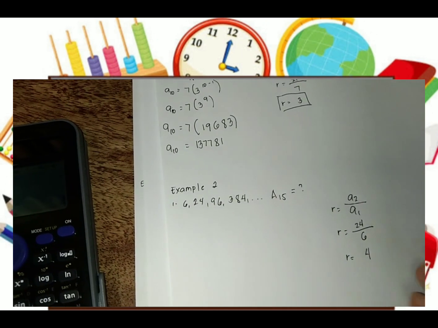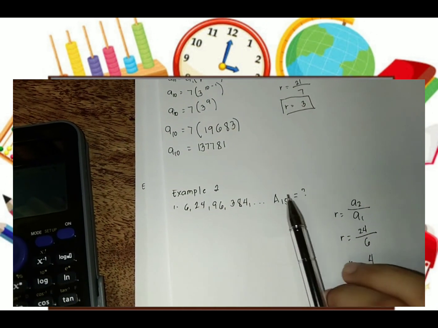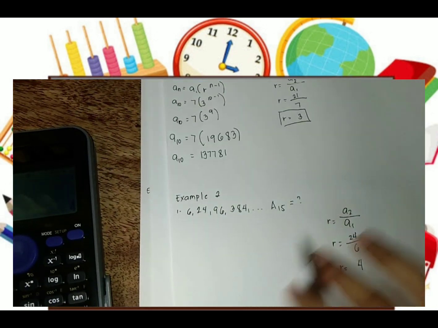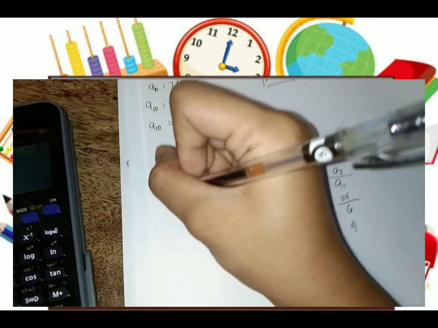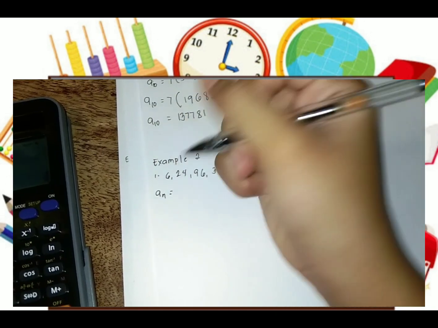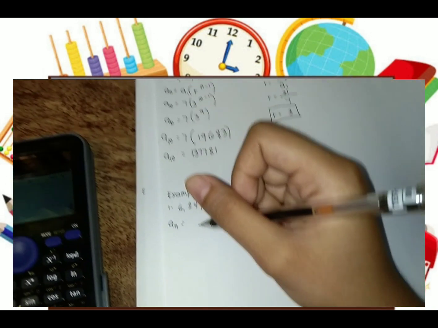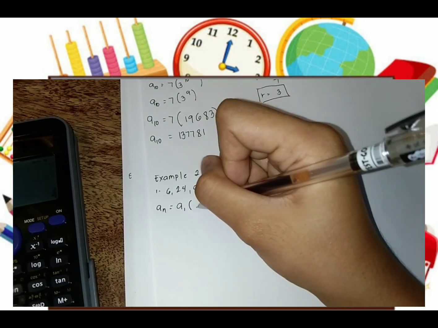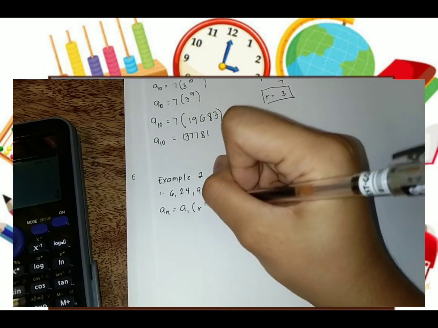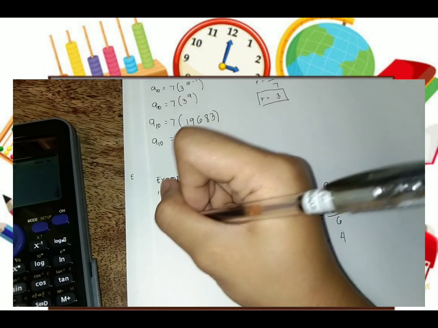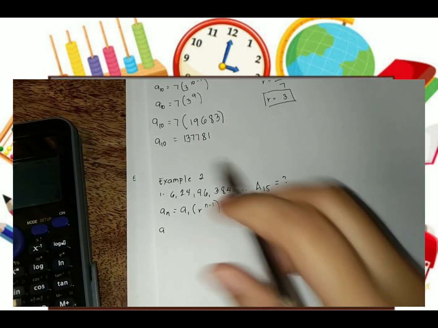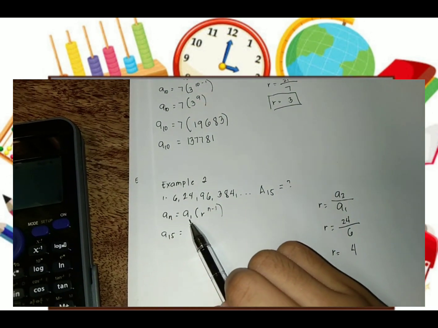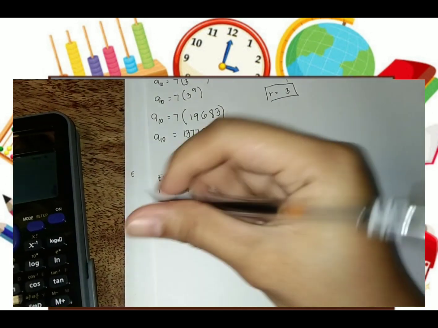Now we are going to find the 15th term, or the last term, of this geometric sequence. We will write the formula for us to be guided. a sub n is equal to a sub 1 quantity r raised to n minus 1. Our n is 15, which is our last term, and our first term, a sub 1, is 6.